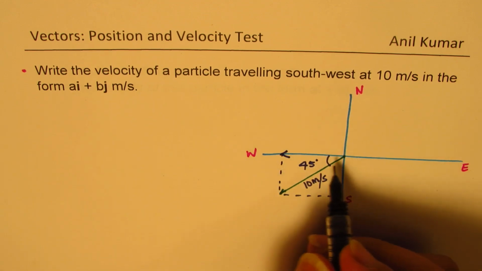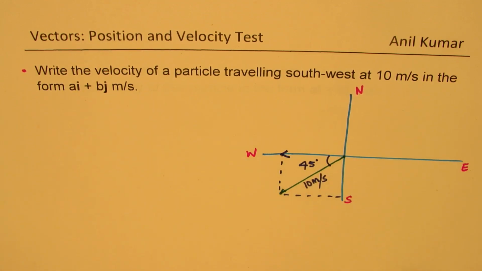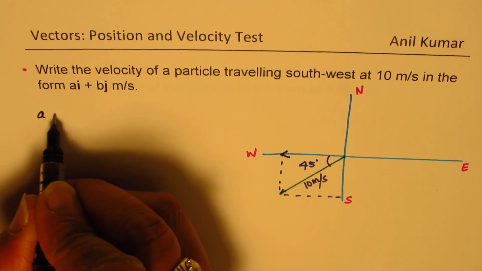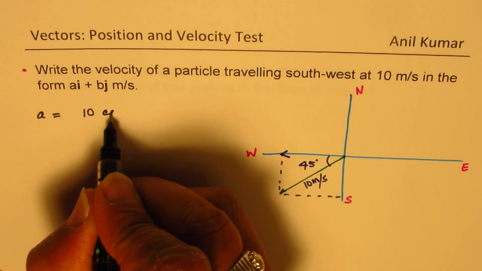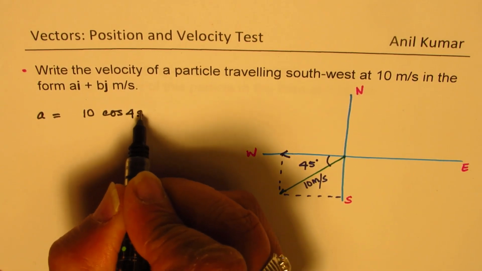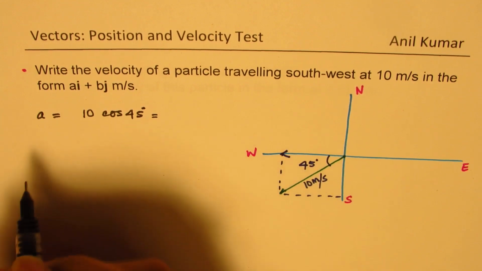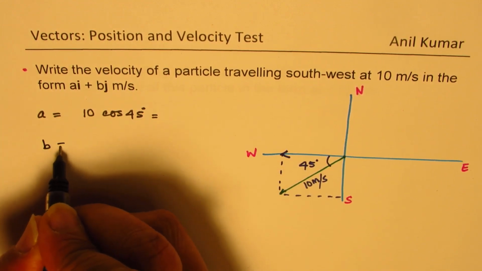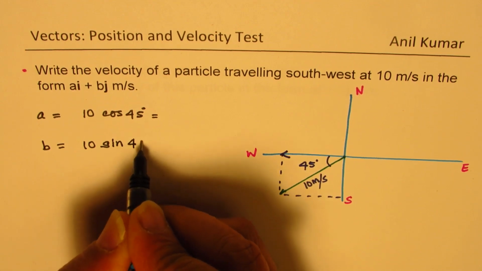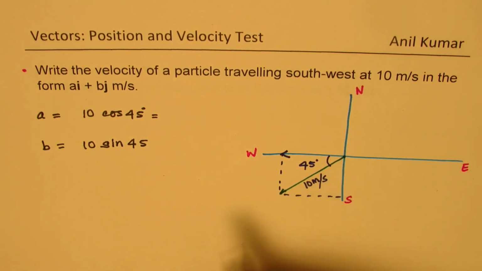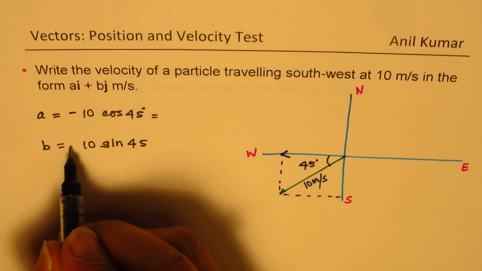So we can say the component along the x-axis, which is a for us, is going to be 10 cos of 45 degrees, right? And b is going to be 10 sin 45 degrees. Now in this case, both are negative, right? So let me write both as negative.